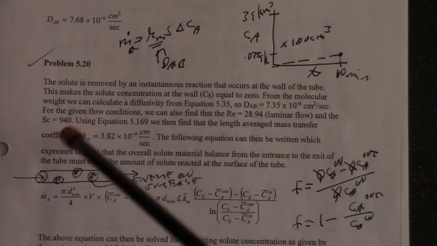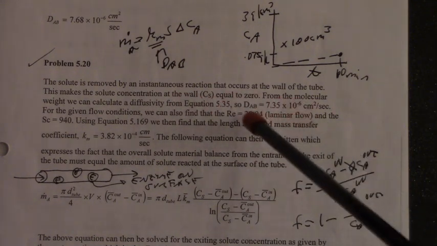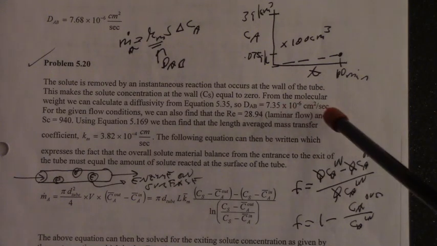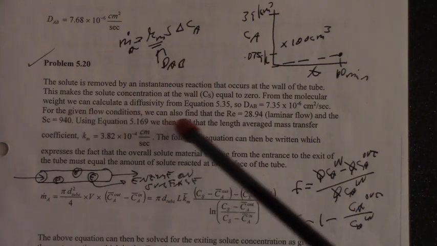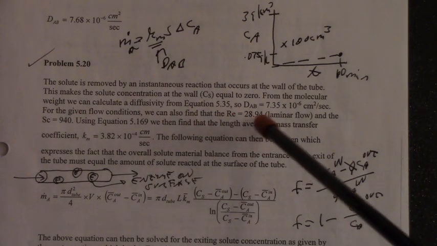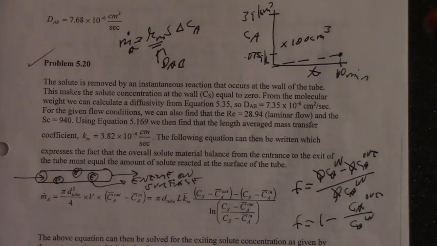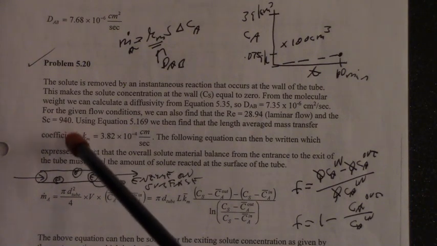And from the molecular weight, we calculate the diffusivity from equation 5-35, so we get that number there, 7.35 times 10 to the minus 6 square centimeters per second. And then for the given flow conditions, you can show that the Reynolds number is just about 29, which tells you you have laminar flow within the tube, and the Schmidt number comes out to be 940.